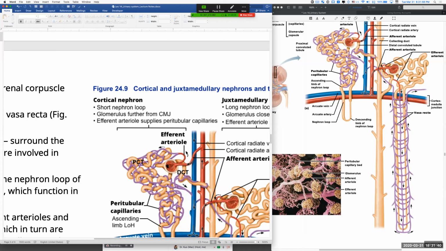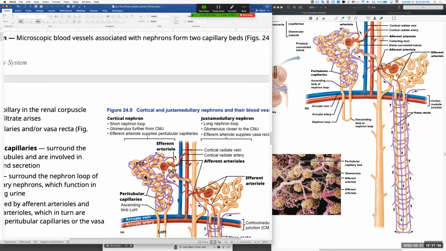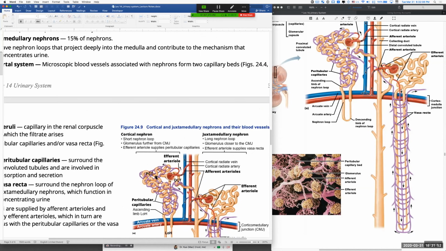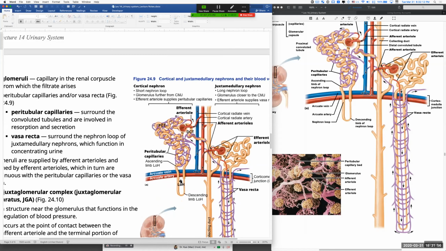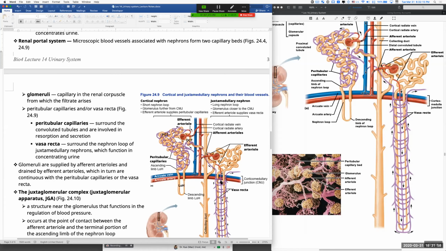It's simply undergoing filtration. Then this blood continues into the peritubular capillaries. This is the second capillary bed. So this is the renal portal system. And the renal portal system can also involve the vasa recta.